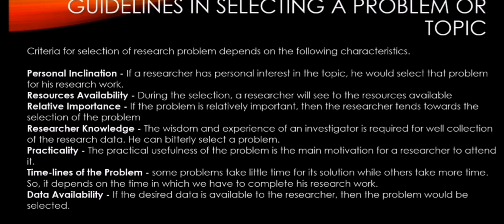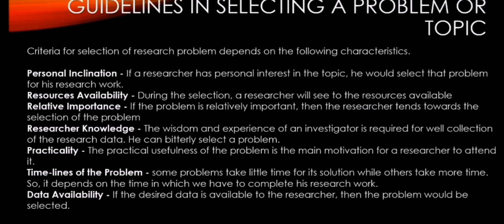Fourth one, we have researcher knowledge. The wisdom and experience of an investigator is required for good collection of the research data. He can better select a problem. Next, we have practicality. The practical usefulness of the problem is the main motivation for a researcher to attend to it.